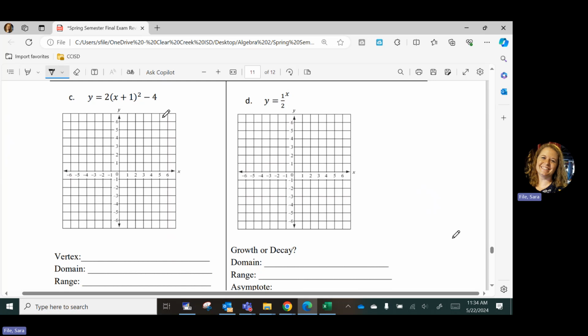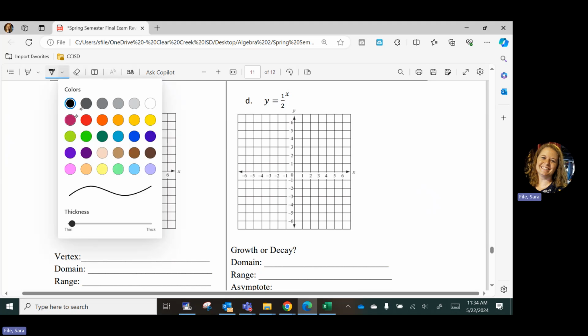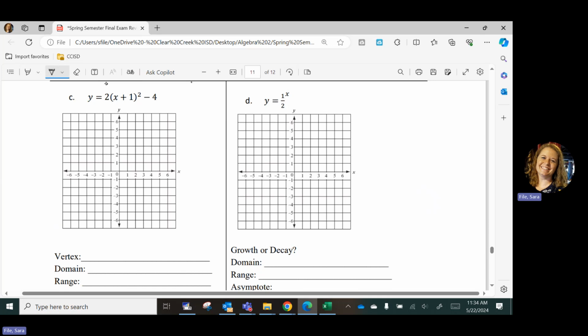Remember, when you're in vertex form, you can see your H, K, and H, K is your vertex. So H is -1 and K is -4. So there's my vertex.